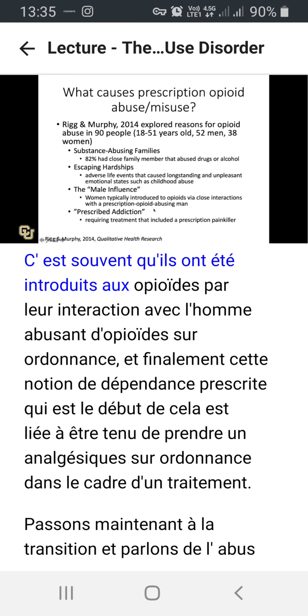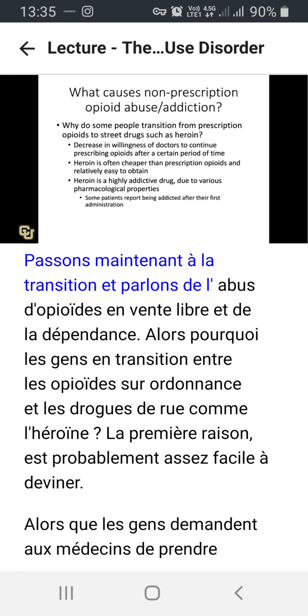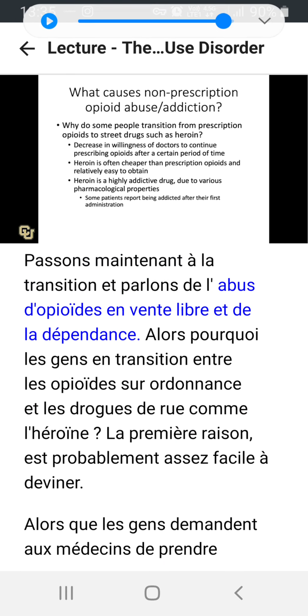That is, oftentimes they were introduced to opioids via their interaction with a prescription opioid abusing man. And then finally, this notion of prescribed addiction. That is, the beginning of this is related to being required to take a prescription painkiller as part of a treatment.